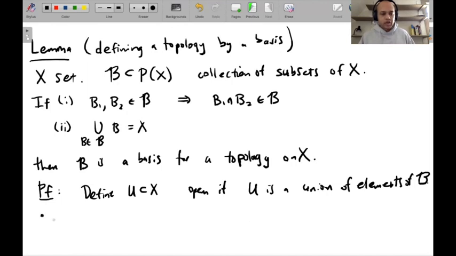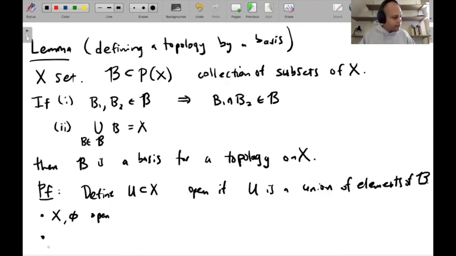So there's three axioms. We want that X and the empty set are open. And indeed, condition 2 guarantees that X is open and the empty set is open vacuously. It's a union of no elements of B.